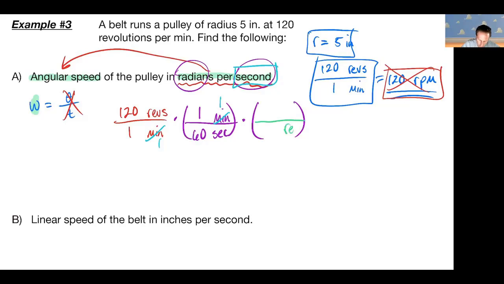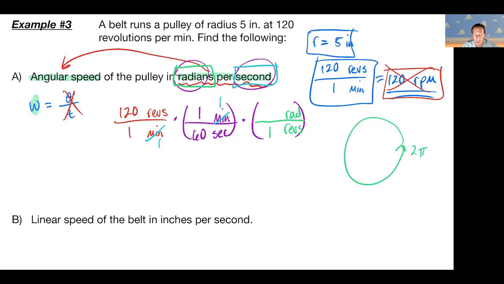Now we need to get rid of the revolutions, which, because it is on the top, we're going to have to put on bottom to cancel it out. And do you know what I want to get on top? Well, they told us we want it to be radians. So do I know a direct relationship between radians and revolutions? Well, you should know that 1 revolution around is equivalent to how many radians?